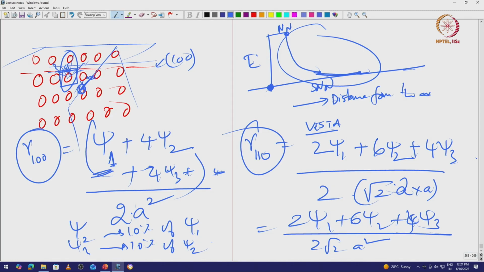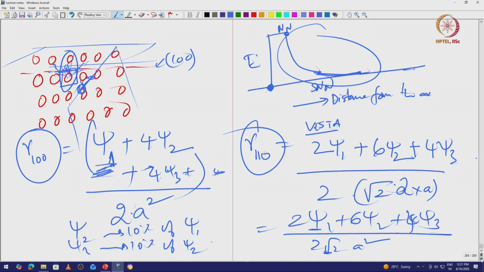Similarly, I can also calculate gamma 111, but you can actually see here very easily that psi 1 is the most important thing, right. So, this scales as psi 1 by 2, this scales as psi 1 by square root 2, right.